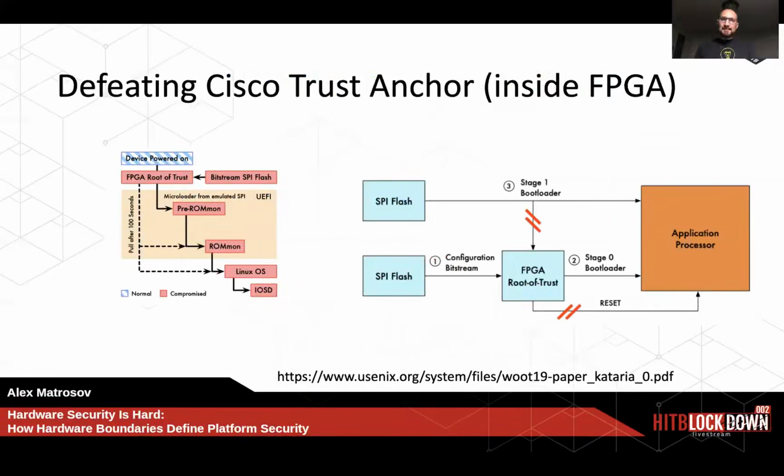Also, last year we saw the defeat of the Cisco root of trust security anchor, which is basically an FPGA board that provides an additional layer of validation for SPI flash, right? But if you think about the attack presented by Red Balloon researchers, they found a way to unlock the device for a malicious bitstream.